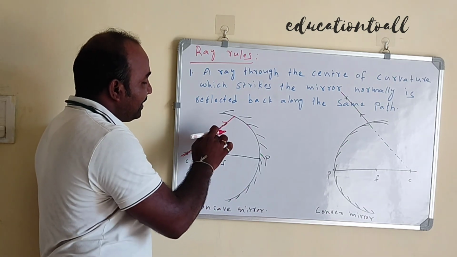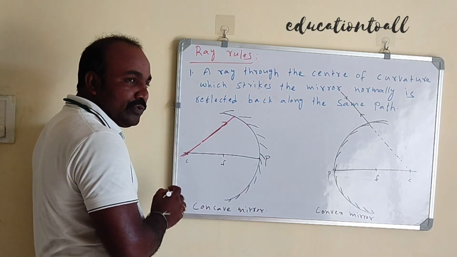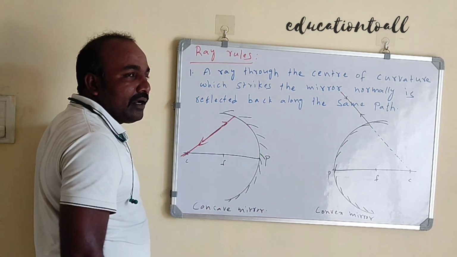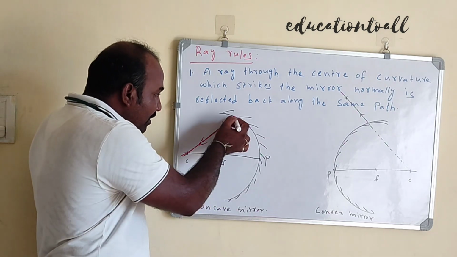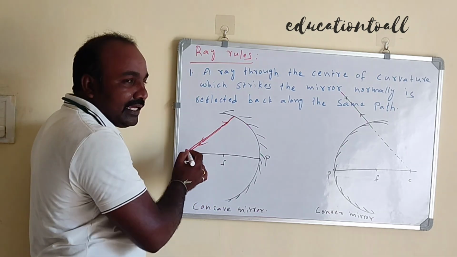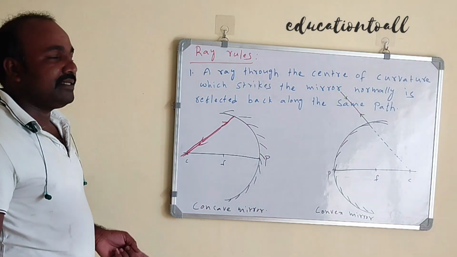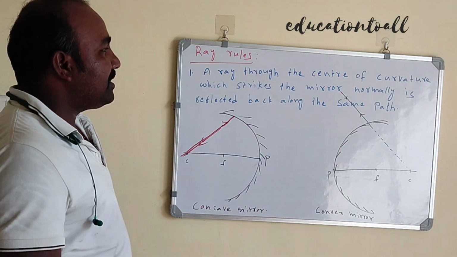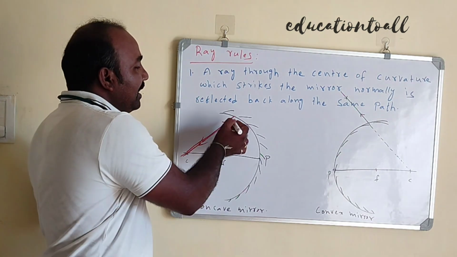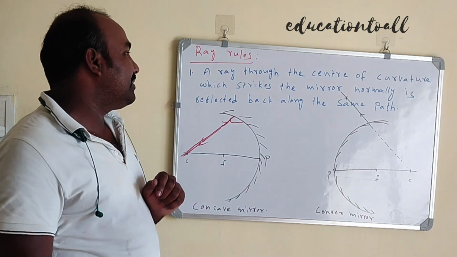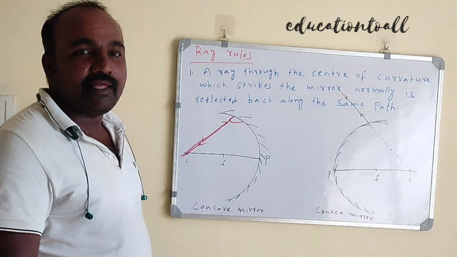After reflection, it travels or is reflected back along the same path. This line is called the normal. So you can say that a ray through the center of curvature strikes the mirror normally. Normally means it makes 90 degrees, and it is reflected back into the same path.